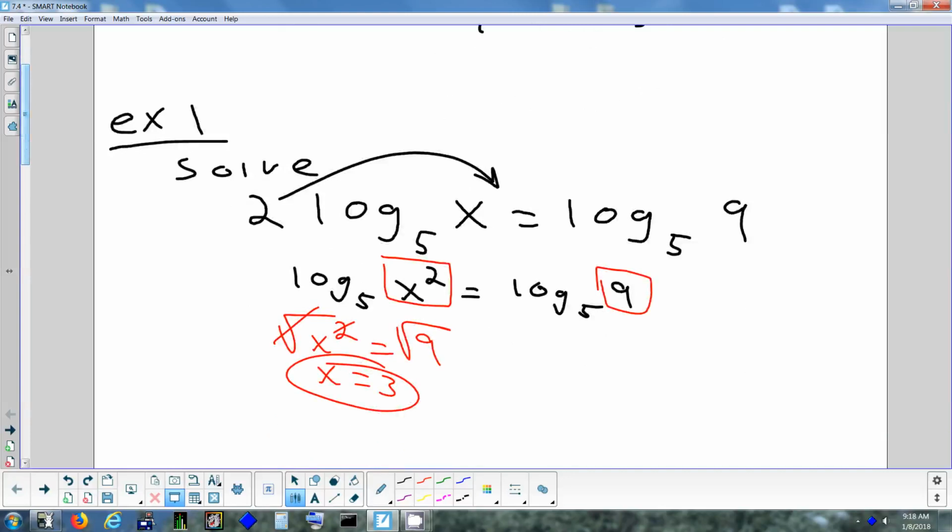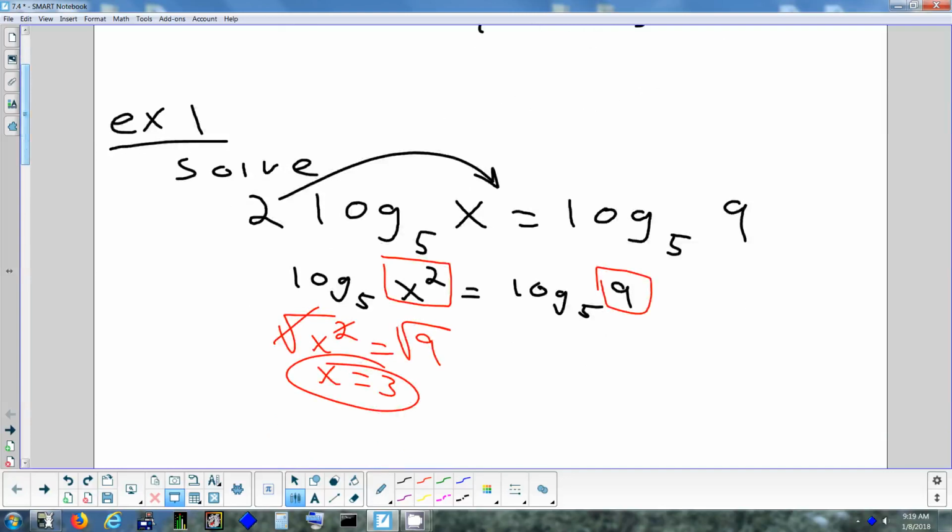What are we allowed to do with exponents? Well, what did we do on that example? Kind of in reverse. Well, we had a number in front and it became an exponent on the argument. Right? So we are allowed to take exponents on the argument and move them in front.